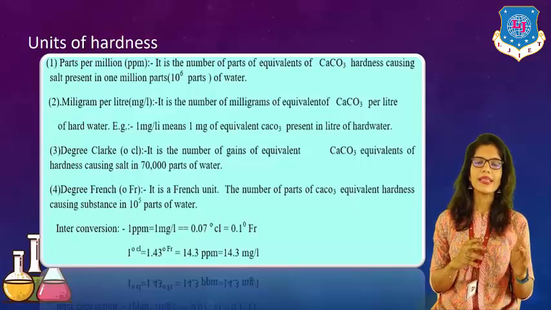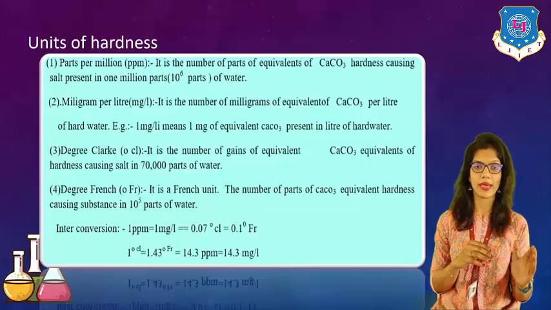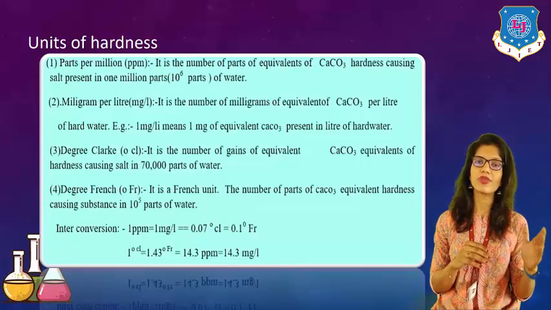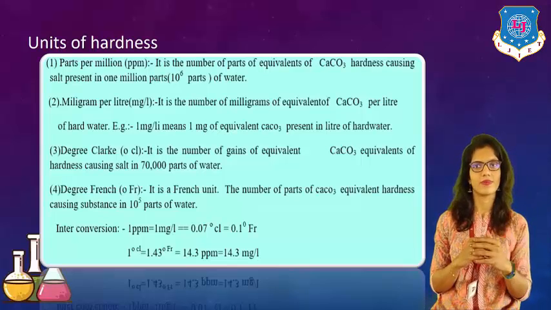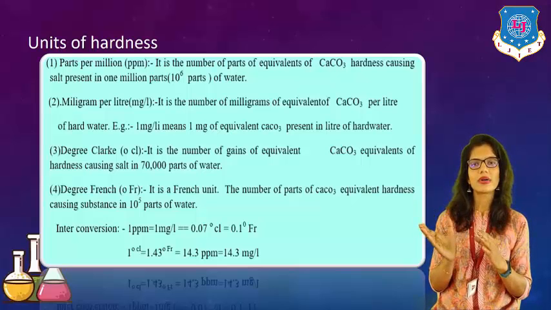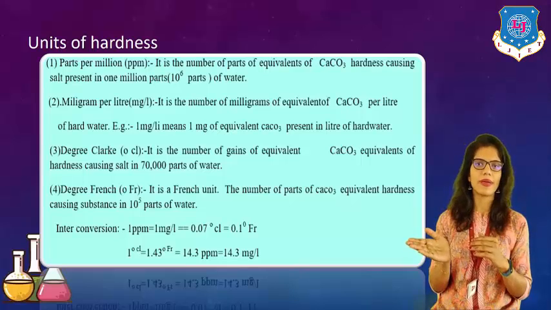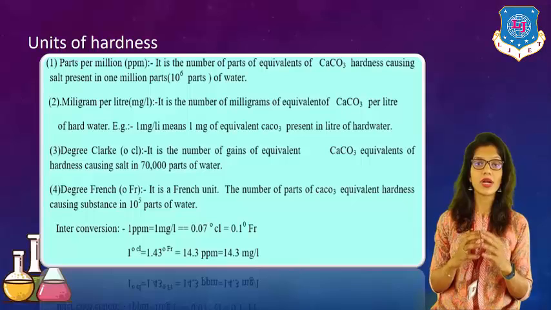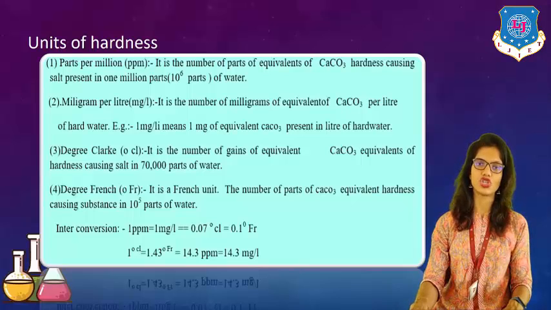In this manner we can say that 1 degree Clark is equal to 1.43 degree French, which is equal to 14.3 ppm, which is equal to 14.3 mg per liter. So 1 mg per liter is equal to 1 ppm. This is the simple conversion. Okay. This we will use in our numericals at the end of this chapter.